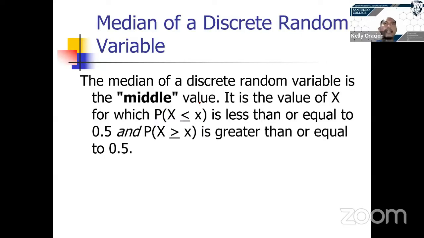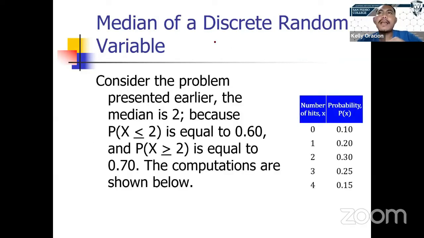The median of the discrete random variable is the middle value. It is the value of x for which P(X less than or equal to x) is at least 0.5 and P(X greater than or equal to x) is at least 0.5. Median is the middle. Consider the problem.